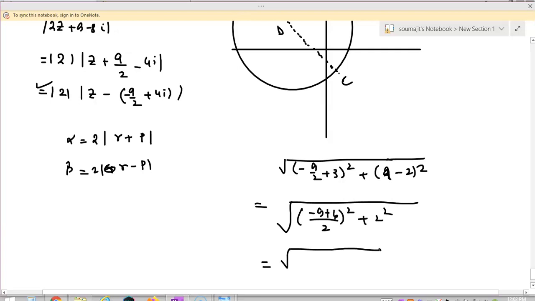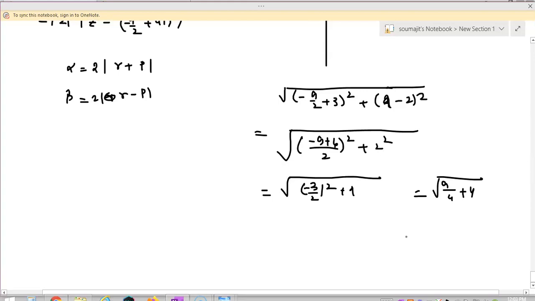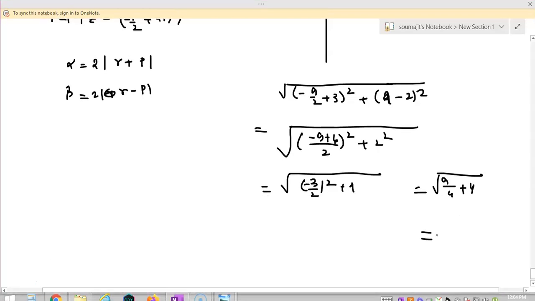So this is equal to the square root of 9/4 + 4. So this is equal to root 25 by 4, which is equal to 5 by 2. So I got the length of p.